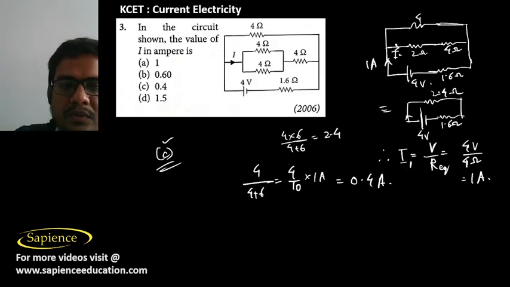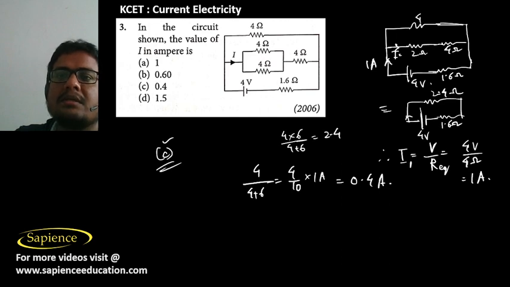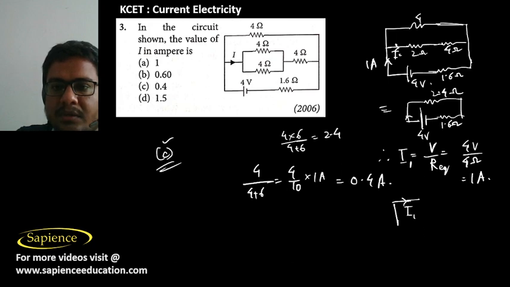So here what we did, actually the current will be divided in the inverse ratio of the resistance. Suppose current I1 is flowing, and here we have R1 and R2 connected in parallel.